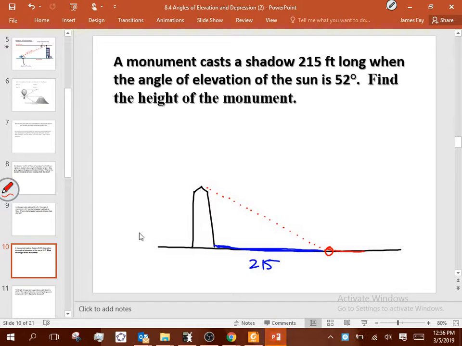If you continued your line of sight through the tip of that shadow, you're going to be looking right into the center of the sun. And you don't want to look in the center of the sun, do you? Except if it's a solar eclipse. Okay. You still don't want to do that.